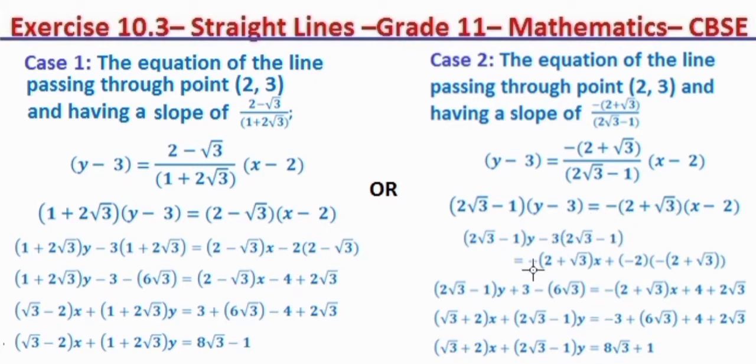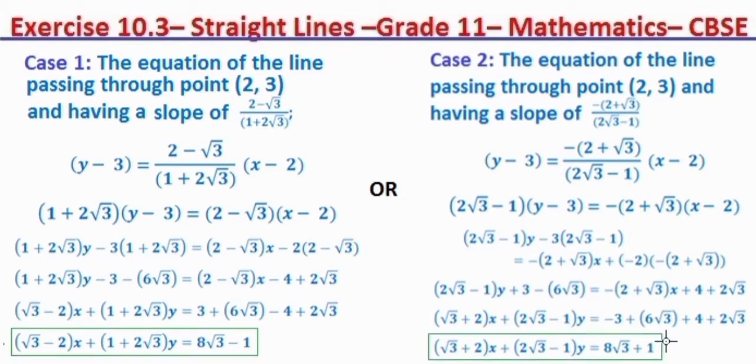The right hand side will be negative times (2 plus root 3)x plus negative 2 times negative of (2 plus root 3). When you simplify, we get this equation, (root 3 plus 2)x plus (2 root 3 minus 1)y equals a constant involving root 3 plus 1. This is another equation based on this slope. So there would be two solutions for this problem. Hope you understand. Come on, let us discuss the next question.